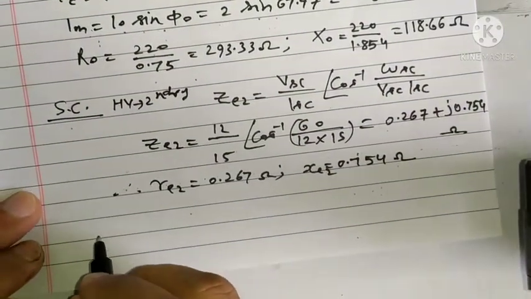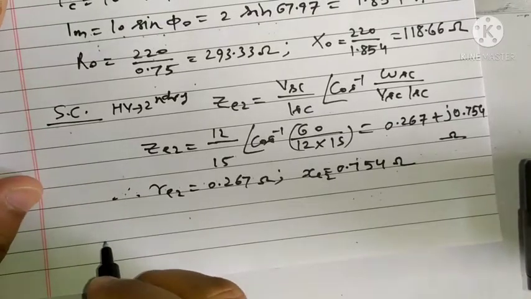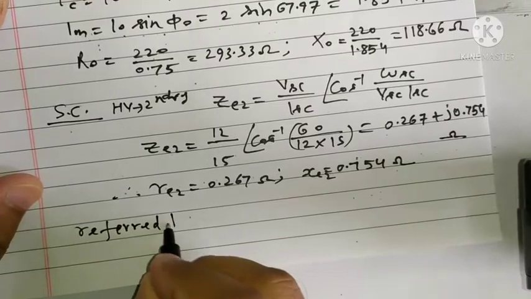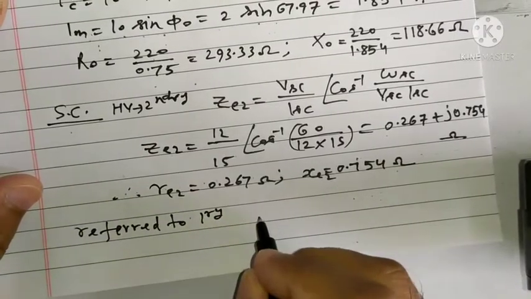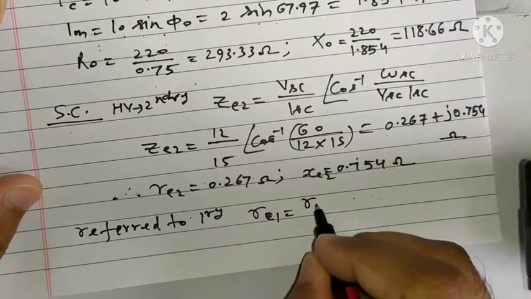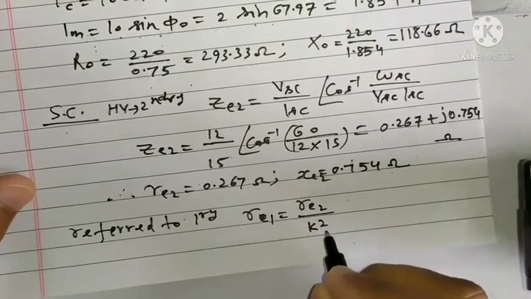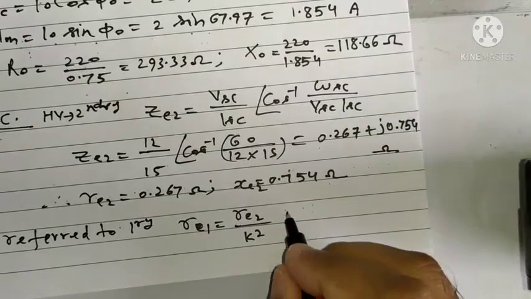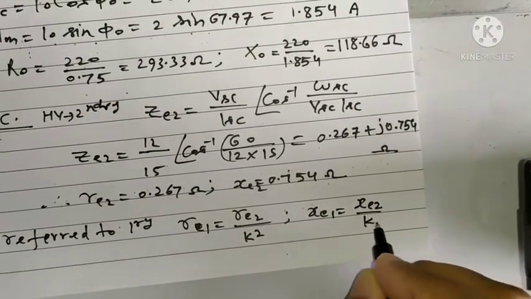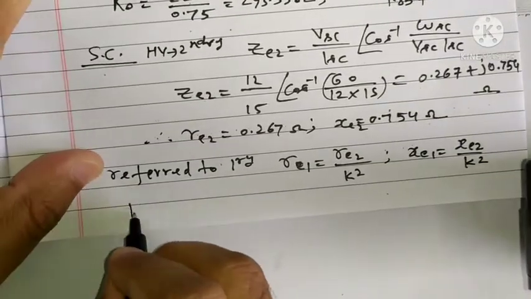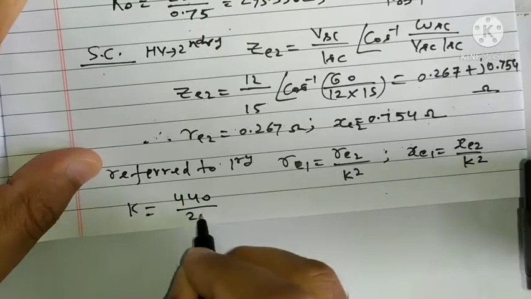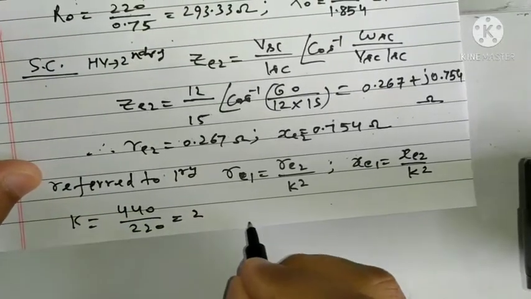For transferring to primary, Re1 will be Re2 by K square and Xe1 will be Xe2 by K square. What is K? It is the transformation ratio, 440 volt by 220, which comes as 2.